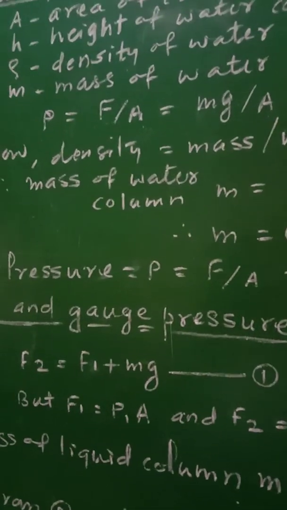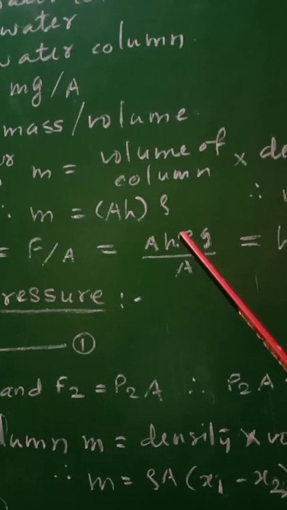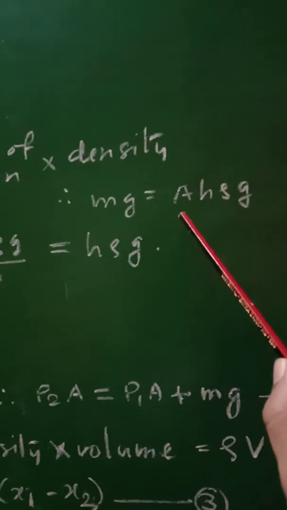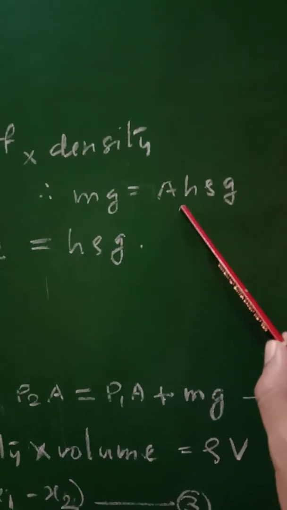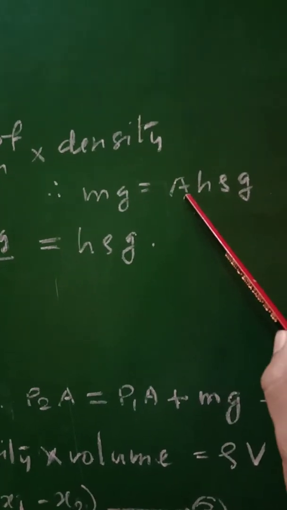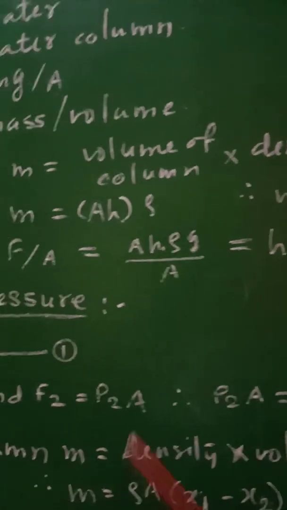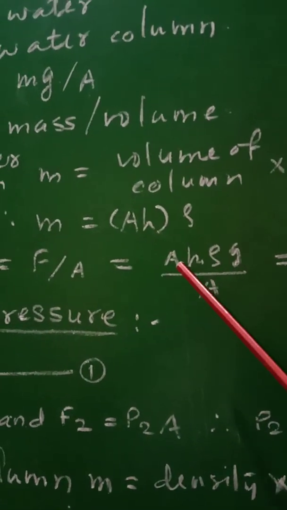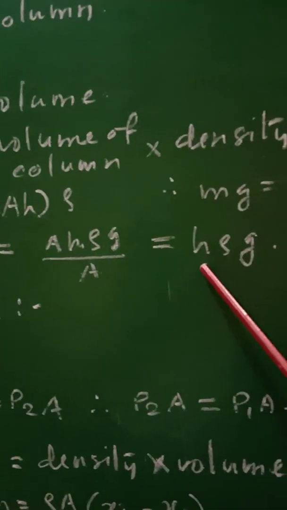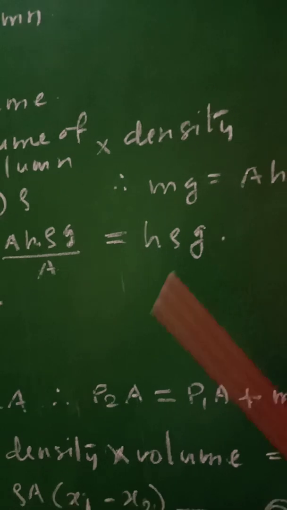Now the pressure P will be equal to force per unit area, that is equal to weight upon area, where the weight mg of that water column is given as AH rho into g, because M is AH rho and into g will give us the weight, and therefore pressure P equal to AH rho g upon A. A will get cancelled, therefore we will get pressure P equal to H rho g.